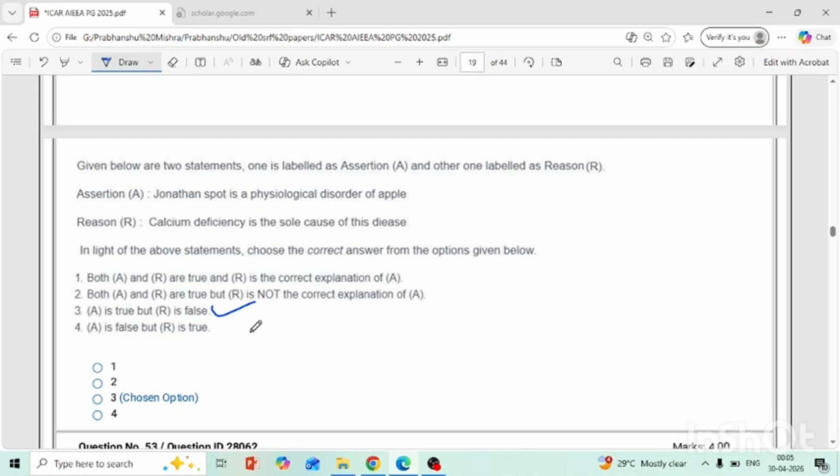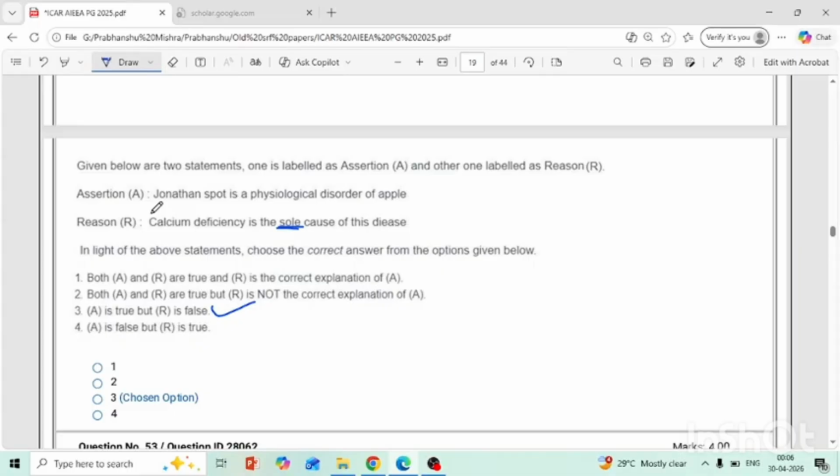So calcium is not the only responsible factor. Therefore, A is correct and R is not correct. So the third one is your answer.